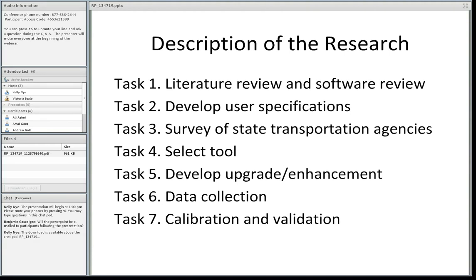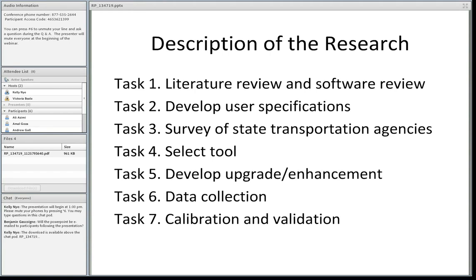We also used some of that information out of the literature review to put together a survey to develop some user specifications. And we used the district work zone traffic managers to provide us some feedback as to what they needed in a tool to do these two types of analysis.